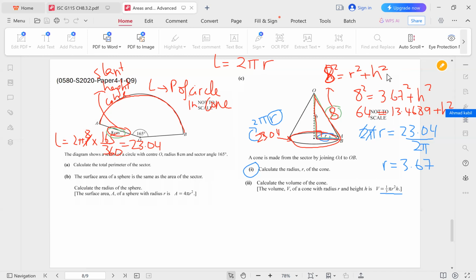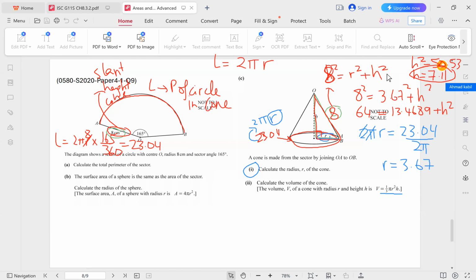So by subtraction, we can subtract 64 minus 13.4689. We get that h squared equals 50.53. And then the square root of the answer is 7.11. So this is the value of h.